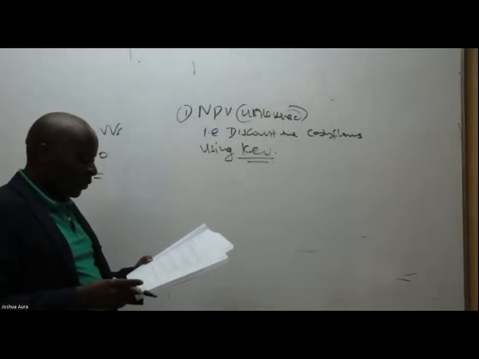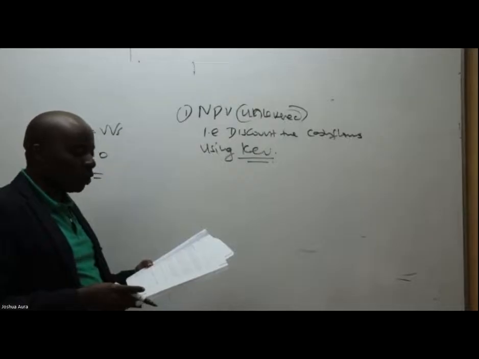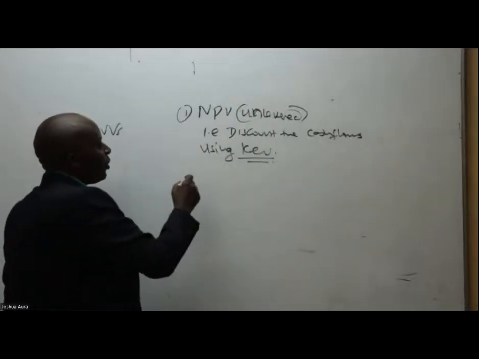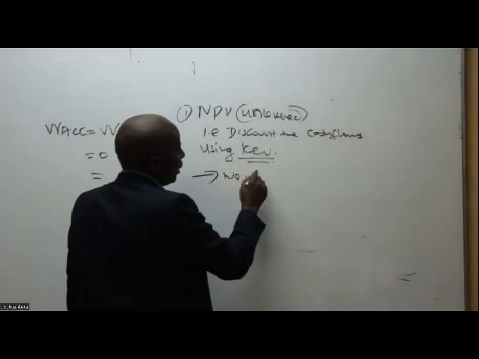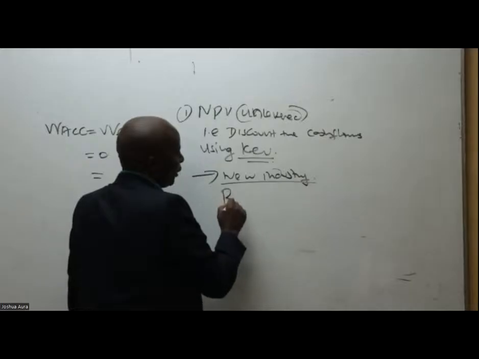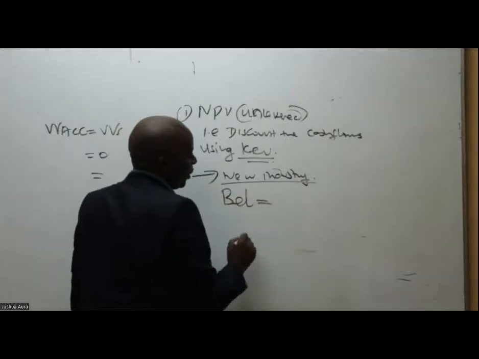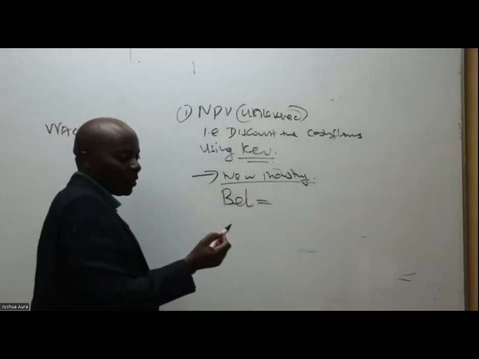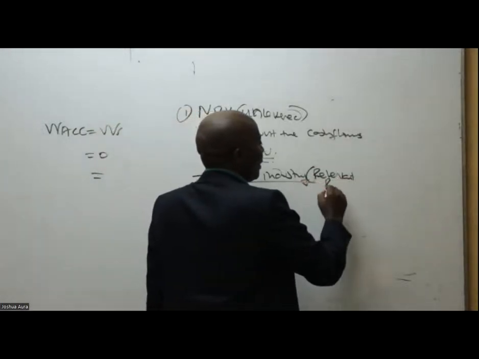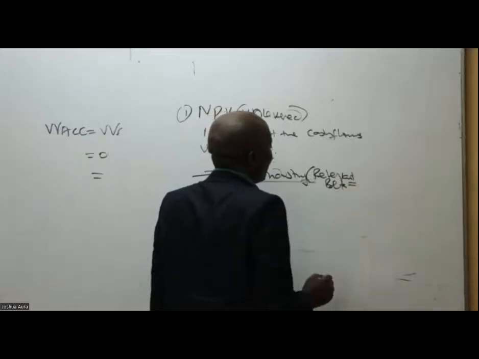So this really will not be a problem to me whatsoever. I will start first of all, because we are going to a new industry, with the relevant beta of the new industry.